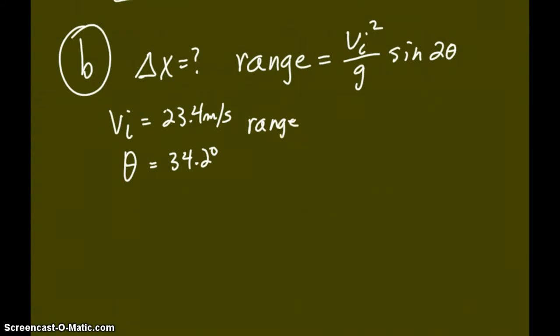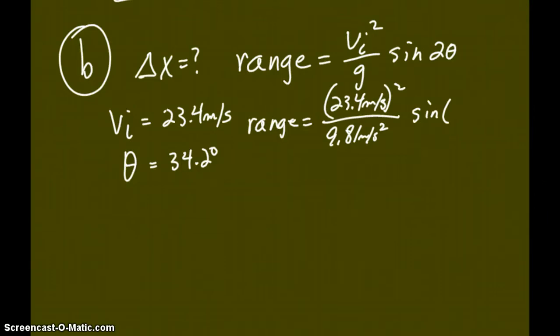Range equals 23.4 meters per second, quantity squared, over 9.81 meters per second squared, times the sine of 2 times 34.2 degrees.